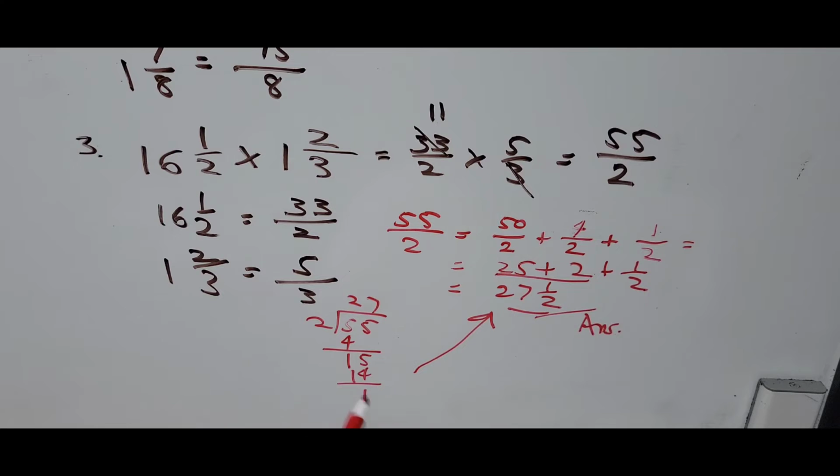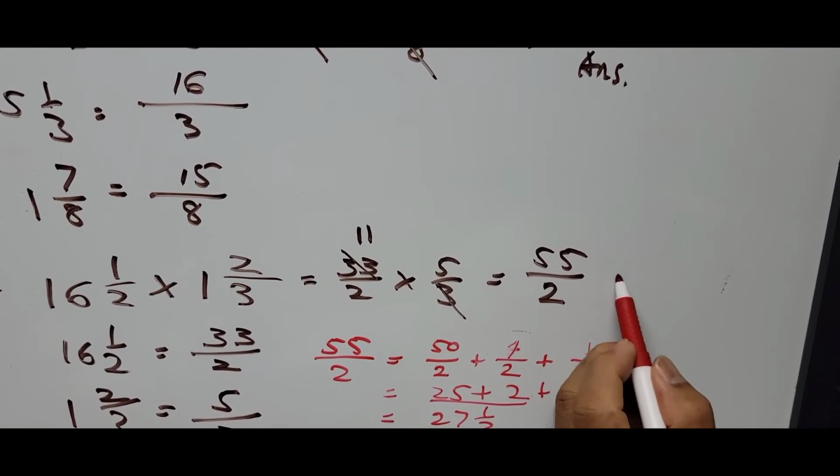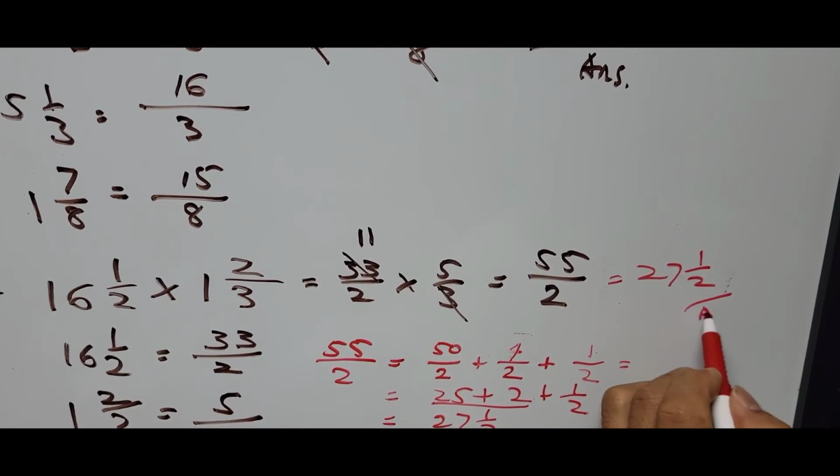That 27 and 1/2. So that is 27, and the remainder 1. And write down, copy the denominator. So that's the same thing as that. So 27 1/2. So our final answer over here is 27 1/2. The answer.